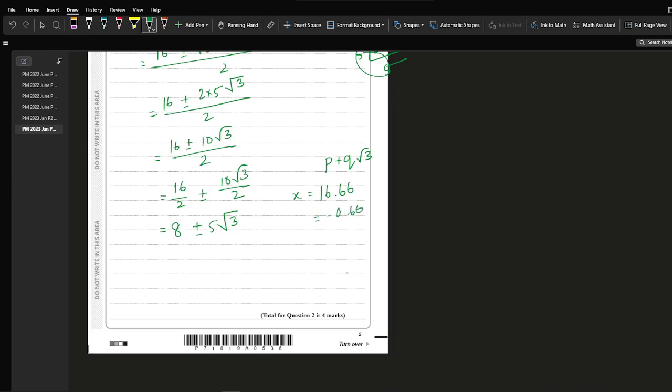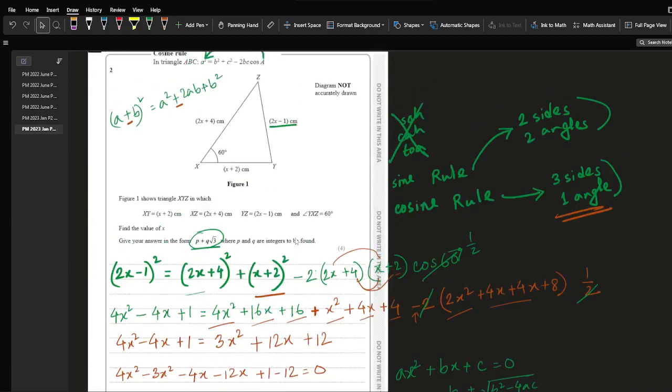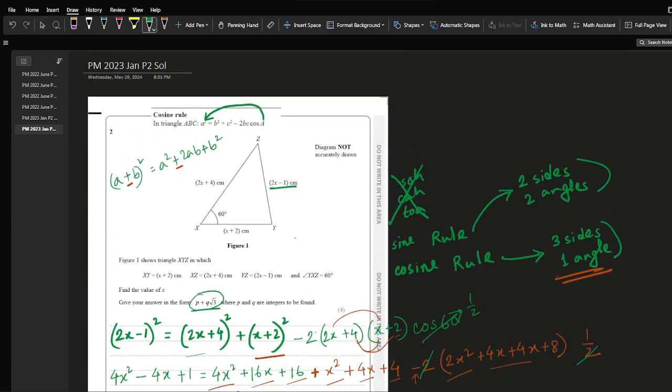Now what happens when the value of x is negative? You plug in that value, maybe here. So 2 times minus 0.66 minus 1. This is going to be a negative value. You add it up, the whole thing is going to be a negative value.